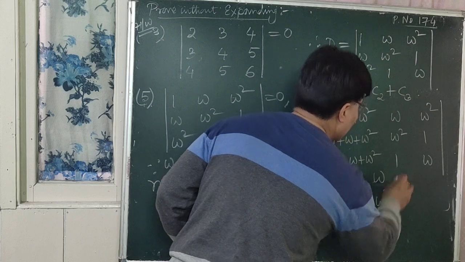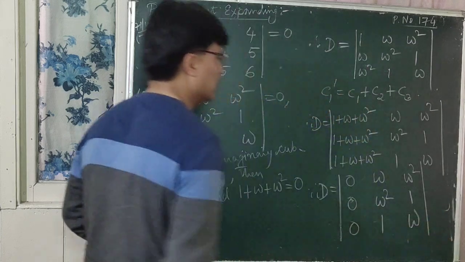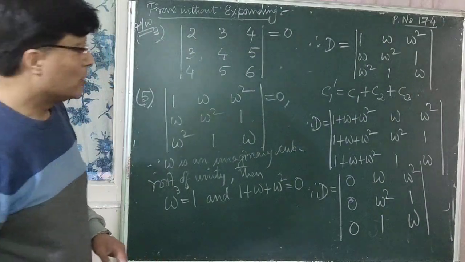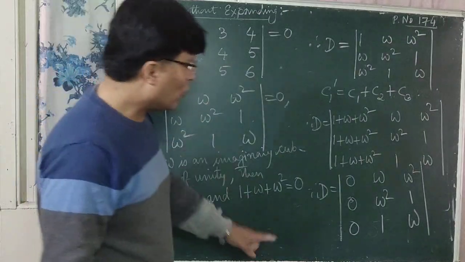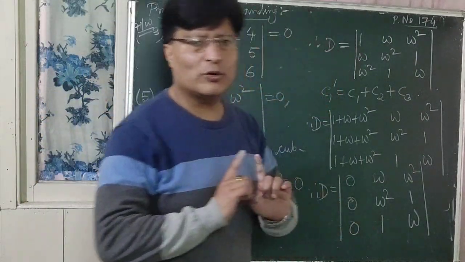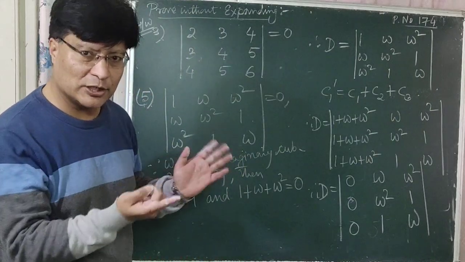Omega square 1, this is omega square 1, this is also omega. So all the elements in the first column are 0. If all the elements in the first column are 0, no need of expanding it, directly you can write 0, because it is known that 0 will come.